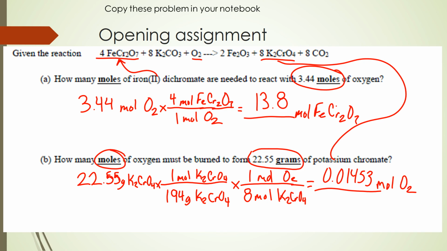All right. 0.01453 is your answer. So you should have it in 4 sig figs. That is your molar mass. I just didn't do it to 2 decimal places like I normally do.